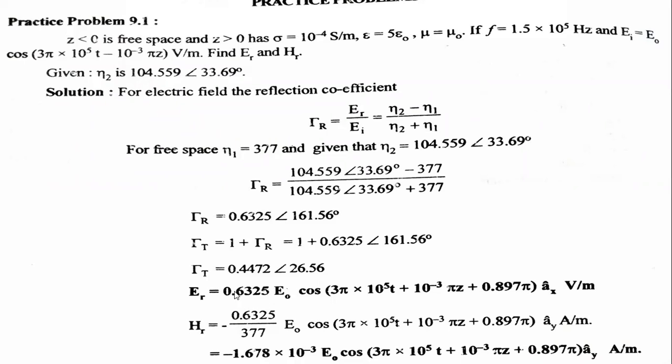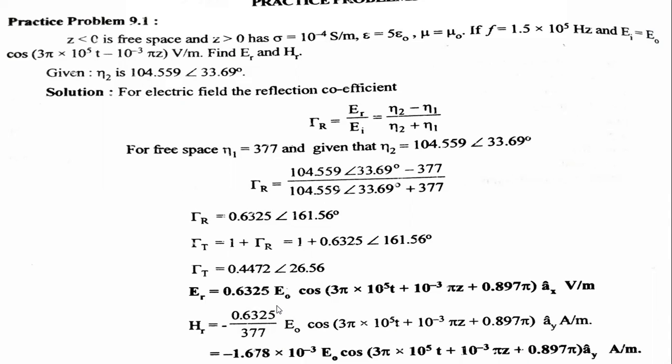ER is nothing but this one, 0.6325 E0 cos of 2 pi 10 raised to power 5 t plus 10 raised to power minus 3 pi z plus the phase, but in the y direction, because the electric field is in the x direction. How we got this minus: just because they are perpendicular to each other, that's why we are taking this minus.